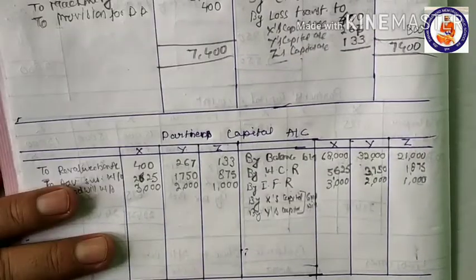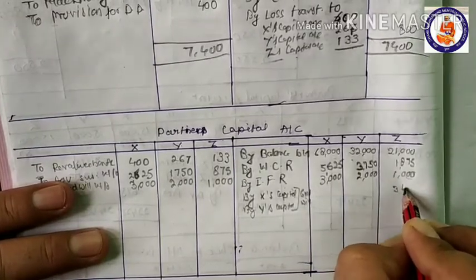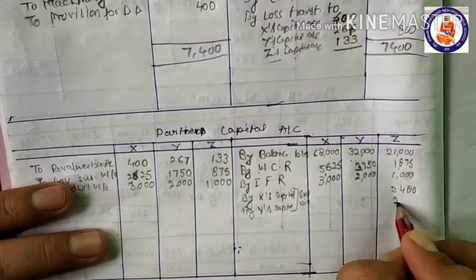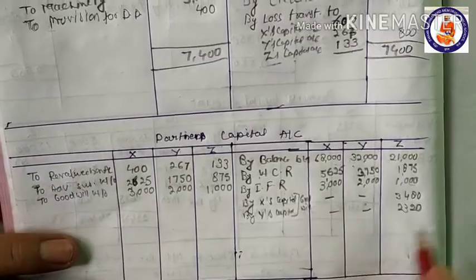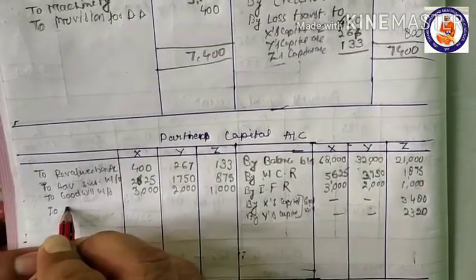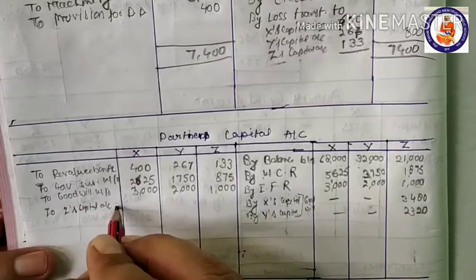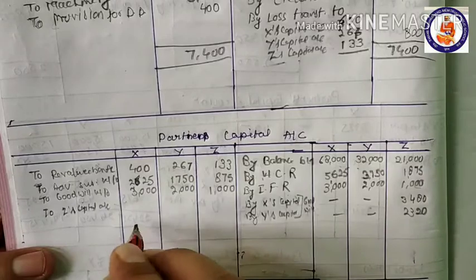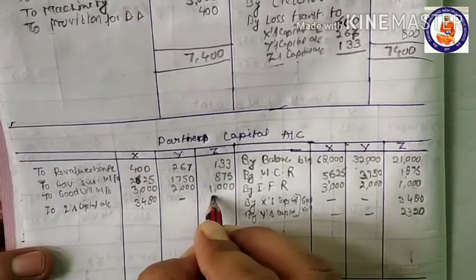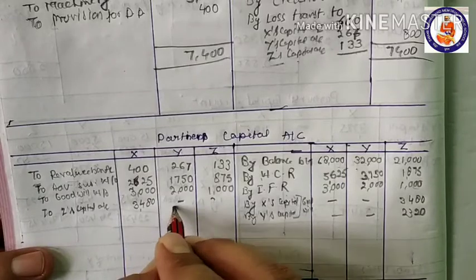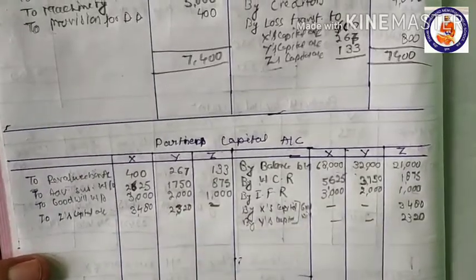So X will bear 3,480 and Y will bear 2,320, and it will be given to Z. So here their accounts will be debited to Z's capital account. X 3,480 and Z 5,800, Y 2,320.